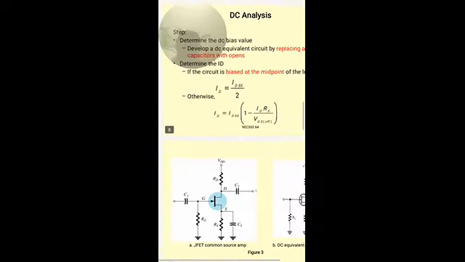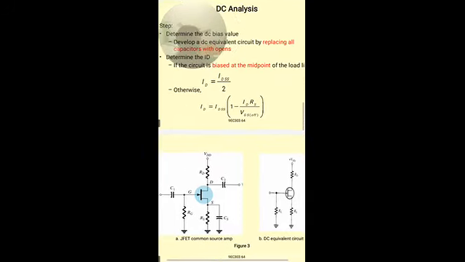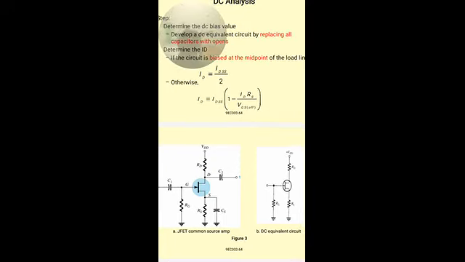So the DC analysis: to find the DC bias value, develop a DC equivalent circuit by replacing all the capacitors with open circuits, and determine ID.